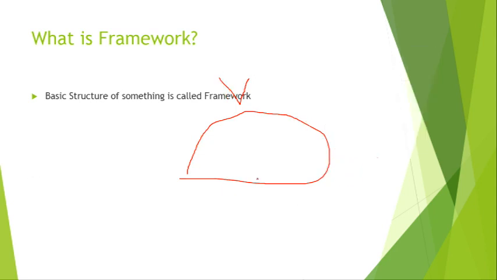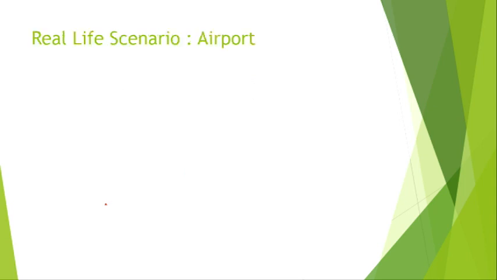Okay, so now let's think of another example. It's called an airport. You already know the structure of the airport. Let's say I have booked an airline ticket for my trip.